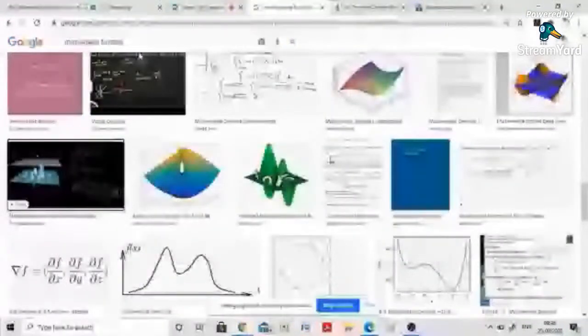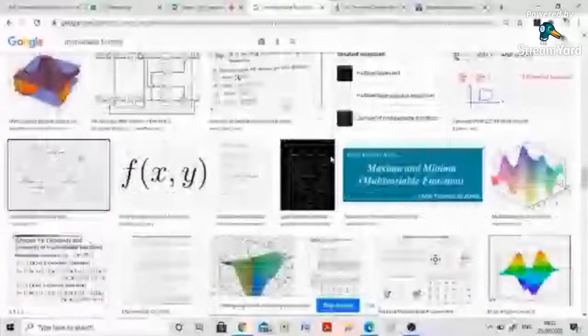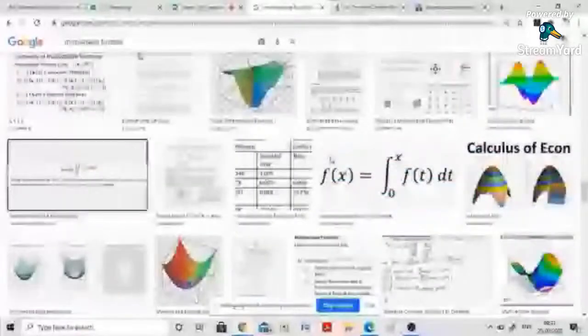These are all multivariable functions. So think of such a context in your mind when we discuss multivariable functions and theorems. This is an example of multivariable functions. You can search in Google and you will get a number of examples.